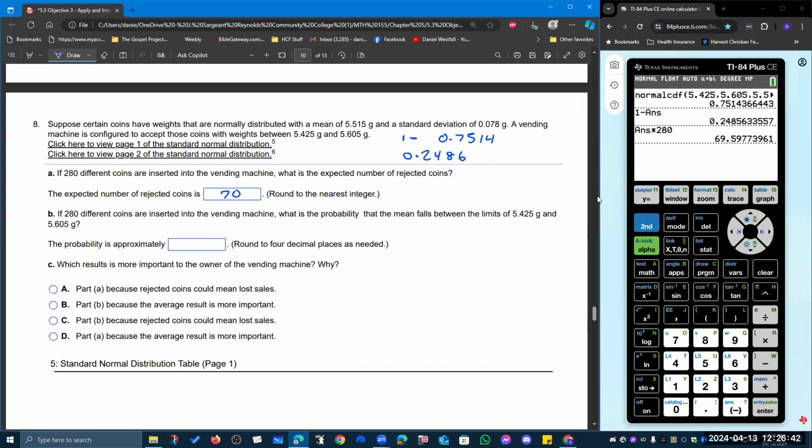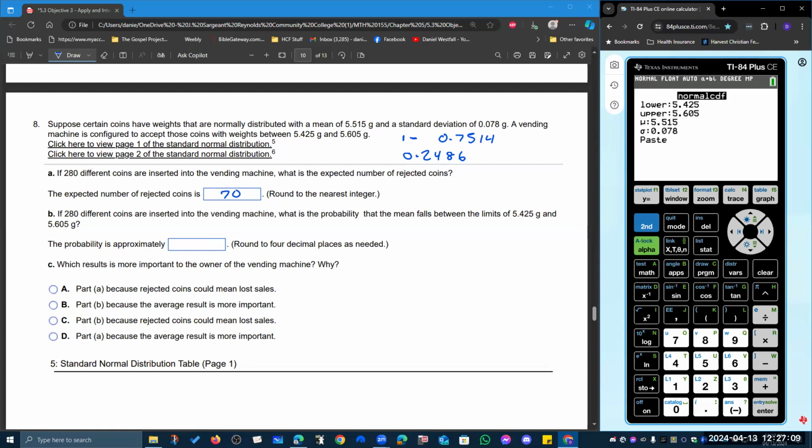If 280 different coins are inserted into the vending machine, what is the probability that the mean falls between the limits of 5.425 and 5.605? So let's come back here and change this.